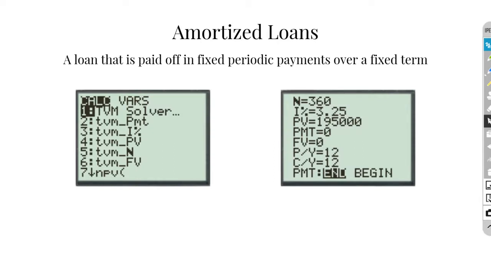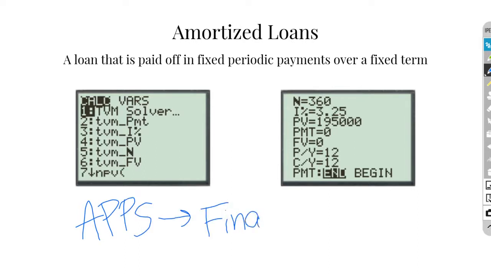So when you use your calculator, you are actually going to go to the Apps button, and you're going to use a function called Finance. When you hit Finance, it's going to take you to a screen that looks like this. And you're going to click TVM Solver. When you click TVM Solver, your calculator should take you to a screen that looks like this, where you will fill in all of the information.